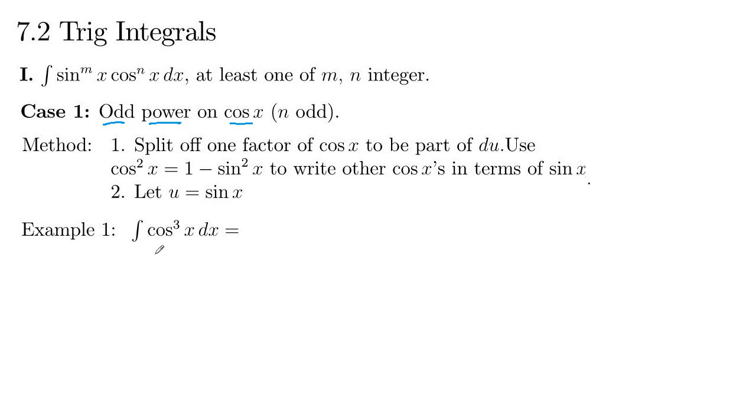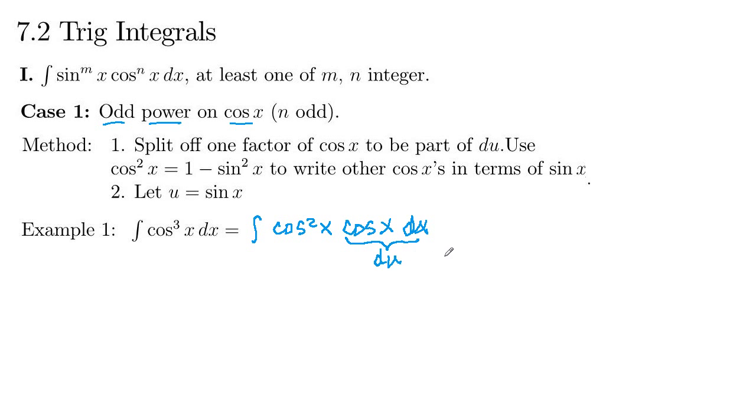So we're going to integrate cosine cubed. I see an odd power on cosine, so I'm going to break that up to be cosine squared x times cosine of x dx. And the cosine x dx, the one cosine that's left over from the odd power, is going to be my du.